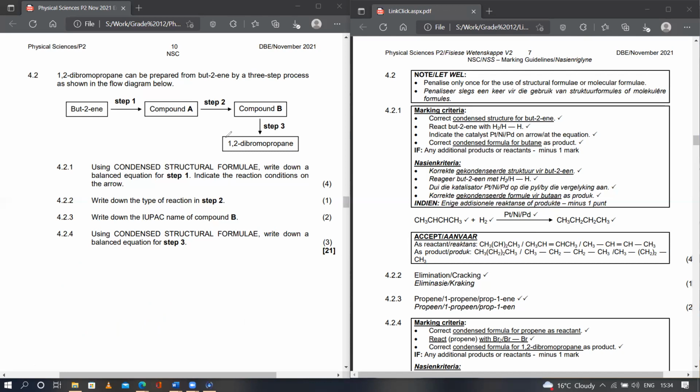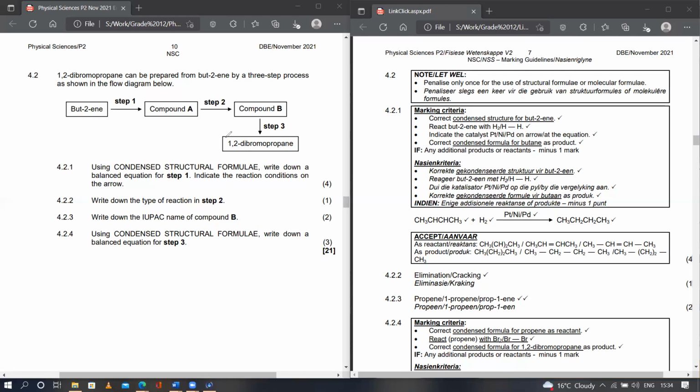Since now we converted butane 2-ene to butane, you're gonna have to crack it so it doesn't have 4 carbon atoms.